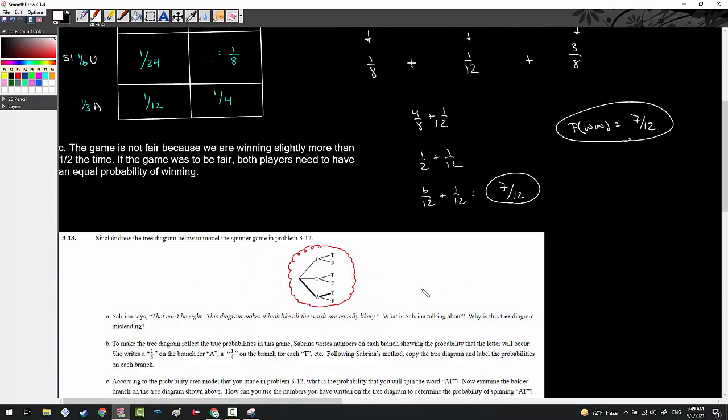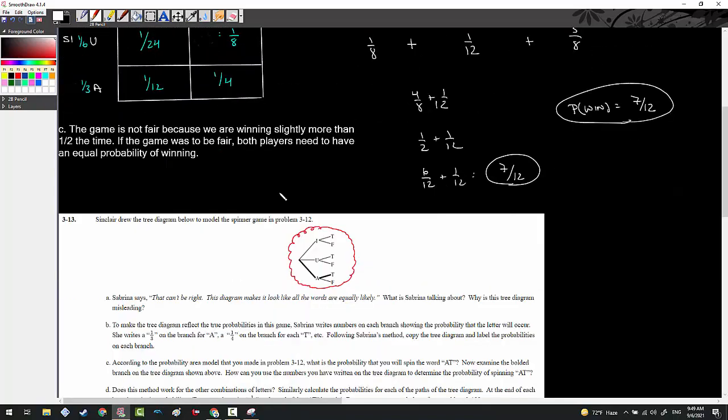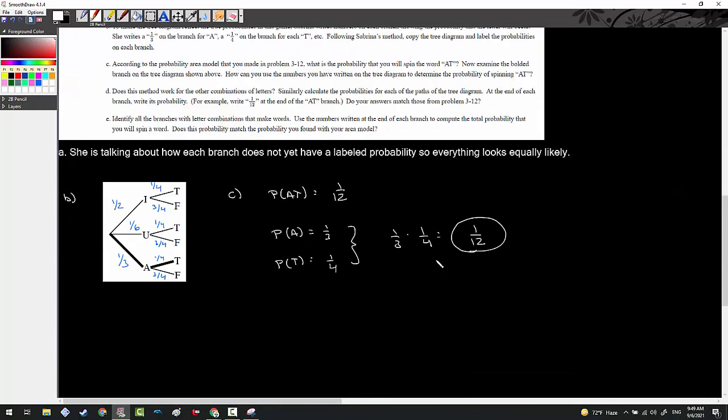Just like how the base meets the height, the branch meets the branch. We multiply them together. So let's go and write that down. We get this probability by multiplying the branches of A and T.